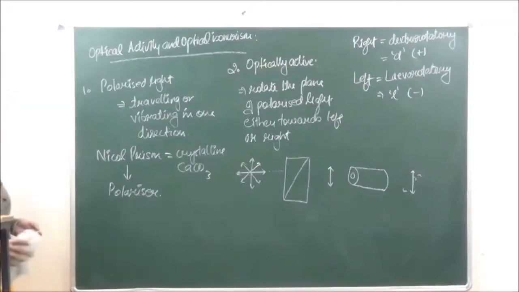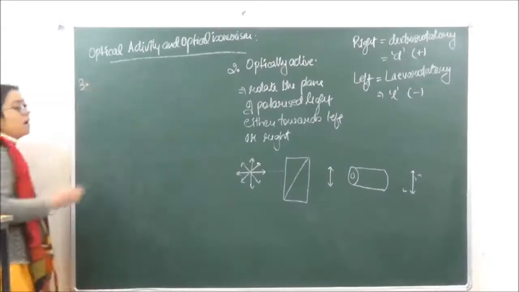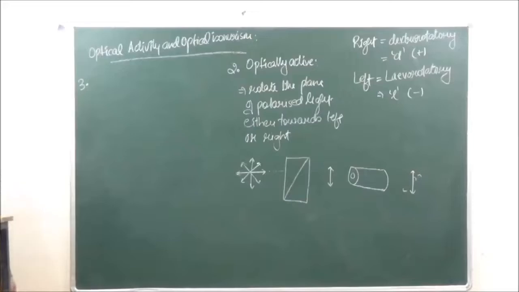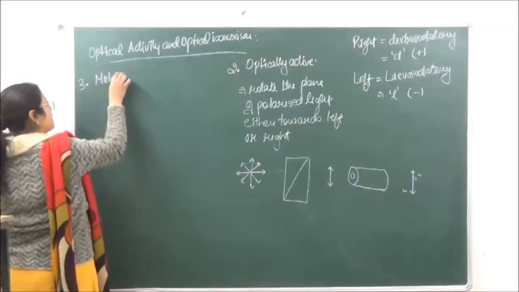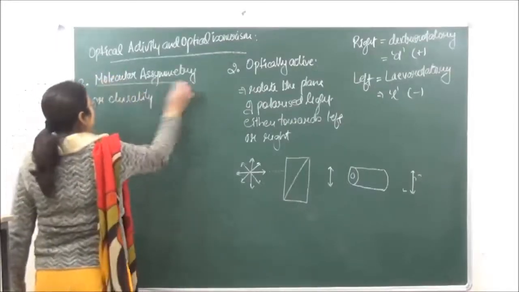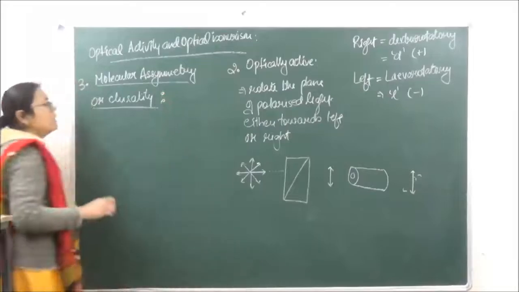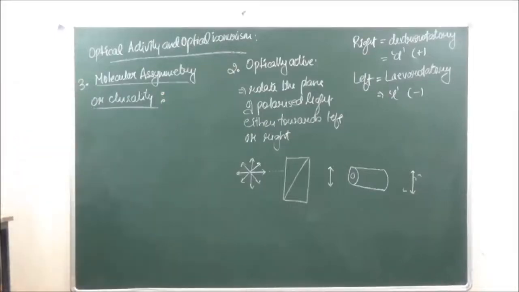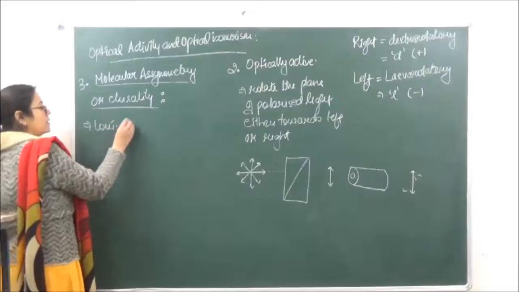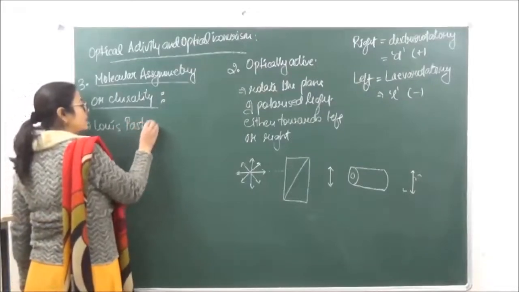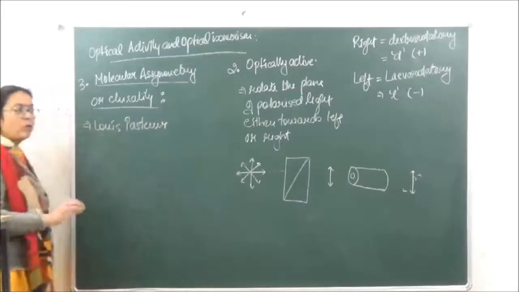Then the next term, the third term which you should know in this, is molecular asymmetry and chirality. Now what do we understand by this term? It was observed by a scientist, Louis Pasteur.